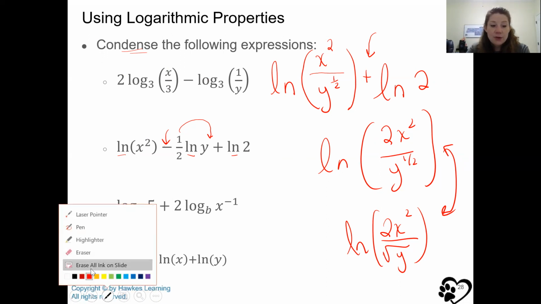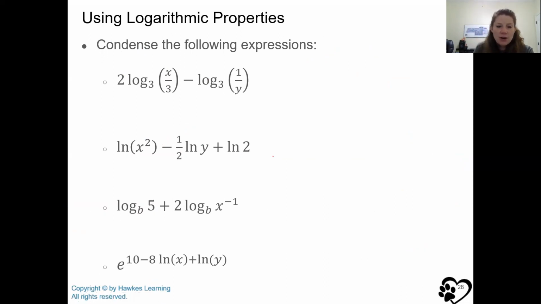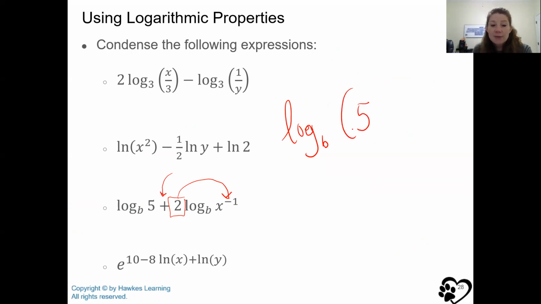All right, let's go to the third problem. All right, so I have a plus symbol, which means we're going to multiply. I see a factor in the front, which means we're going to throw it to the back, right? So the log base b of 5 times what? Well, if we throw this 2 over here, we actually have to multiply the 2 times -1.